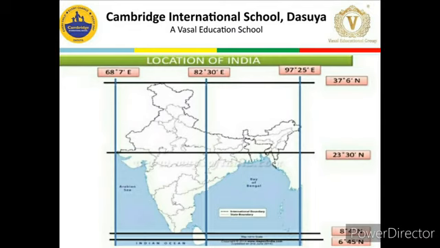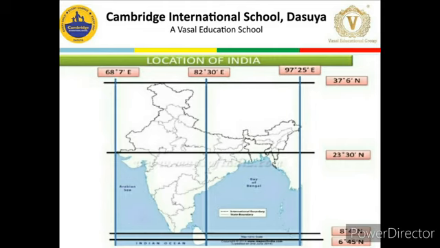That is, the mainland extends between latitudes 8 degrees 4 minutes north and 37 degrees 6 minutes north. And if we talk about longitudes, then 68 degrees 7 minutes east and 97 degrees 25 minutes east are the dimensions.